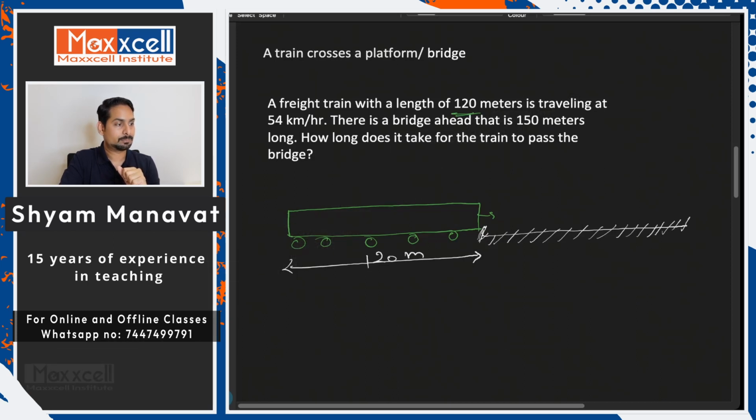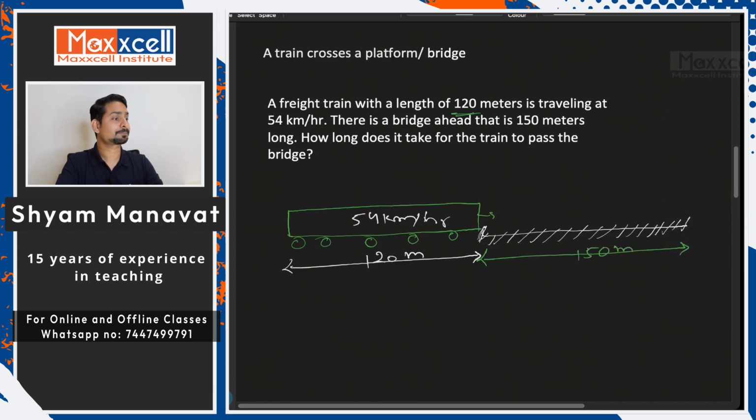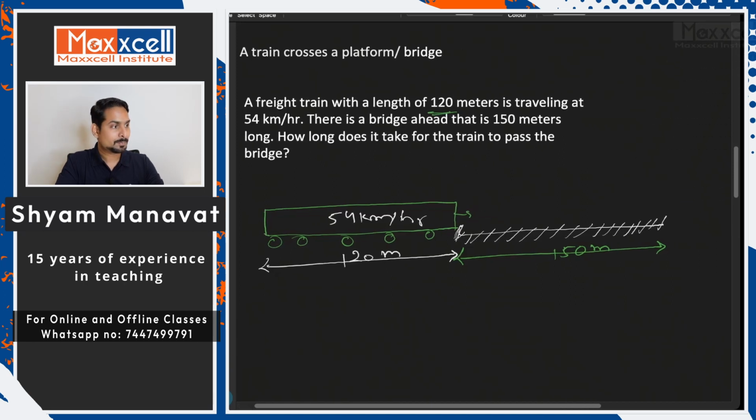So speed is equal to 54 kilometers per hour. And there is a bridge ahead that is 150 meters. The length of the bridge here is 150 meters. How long does it take for the train to pass the bridge?